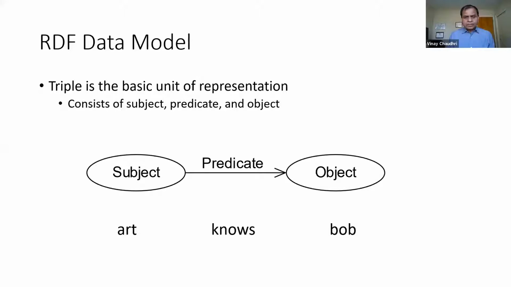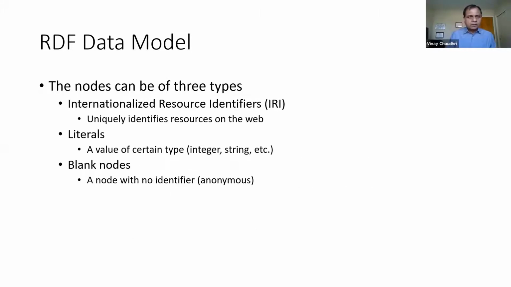But let's look at some details on how the data is actually represented in the RDF data model. In this data model, there are 3 different node types: Internationalized resource identifiers, or IRIs, literals, and blank nodes. IRIs are a mechanism to uniquely identify data objects on the internet. Just like for websites, we have URLs and URIs, IRIs are meant to uniquely identify objects.